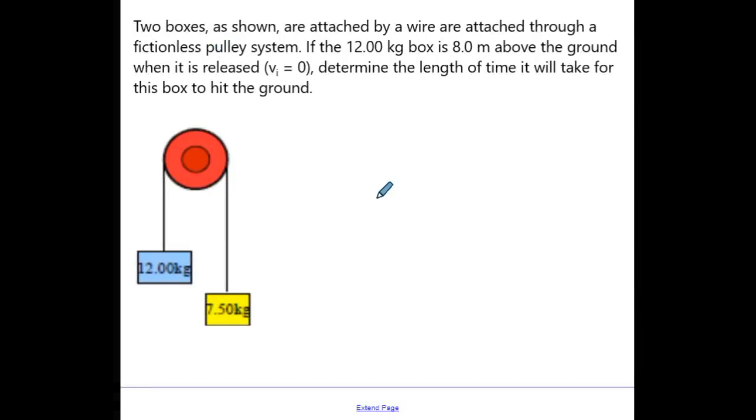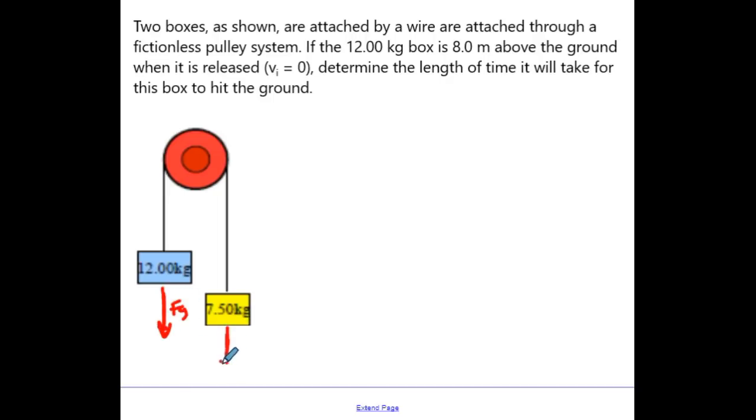This is known as a pulley example, and maybe I've shown you one before, maybe you've done one in your assignment already, but this is another classic example where we're going to have something wrapped over a pulley. And this is kind of similar to what I was suggesting in the previous example, where there's a string or a wire attaching them. And so in a way, this box right here is getting pulled down by the force of gravity.